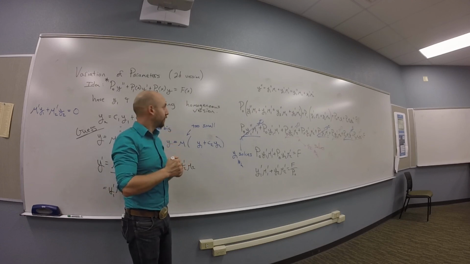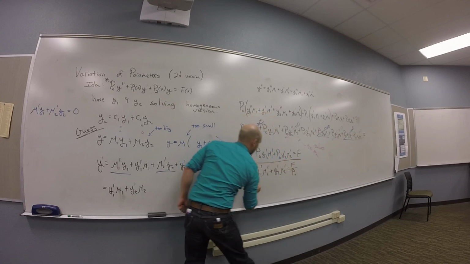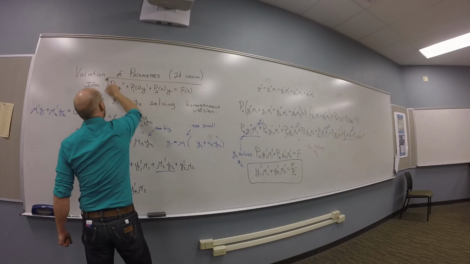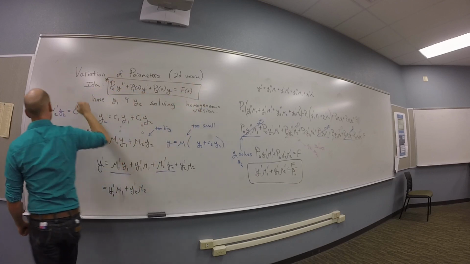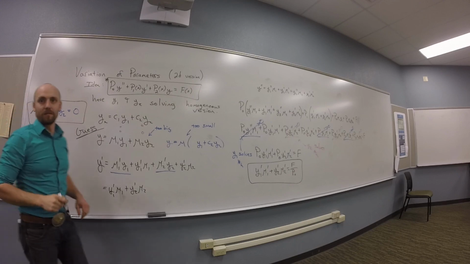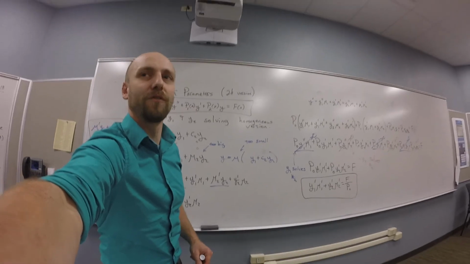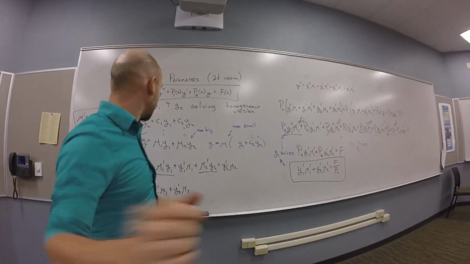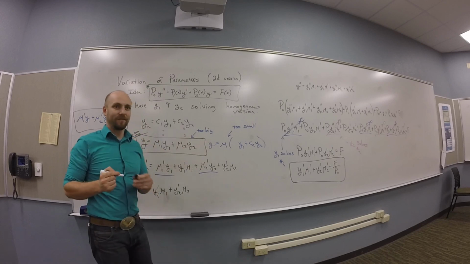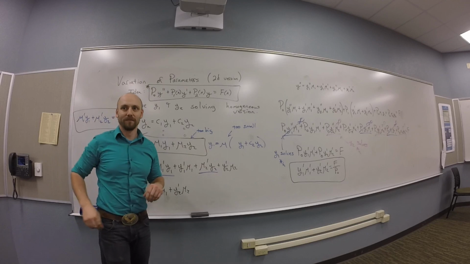My claim for variation of parameters is that three things should go on your notepad. This one, and this one. So the short version of variation of parameters is those are the ones you want. And this, because you're going to want to remember what the form of your guess was.